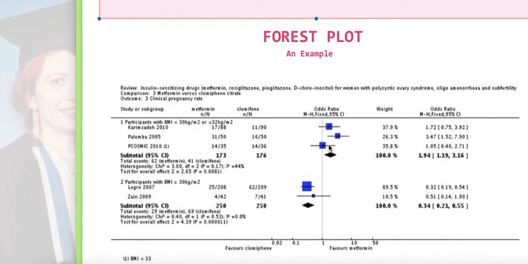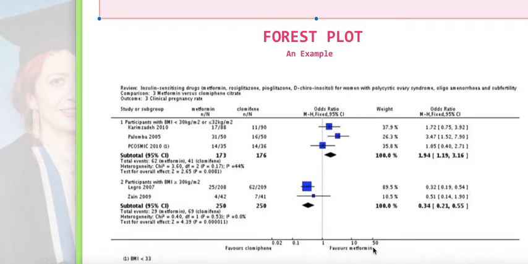And whose effect is it finding? If you have this plot in your exam, you quickly need to see which side of the chart these boxes are falling on. If an intervention is written here, like metformin is written here, then it means that these favor the intervention, that it has a favorable outcome.